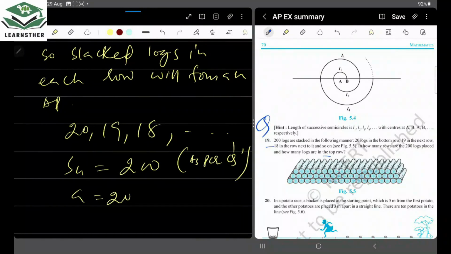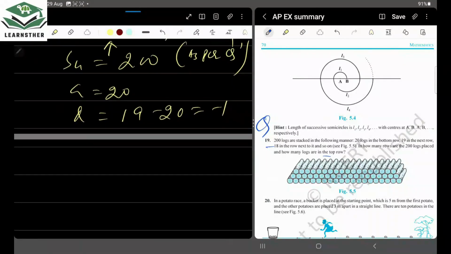So here a is 20, d is minus 1. Common difference is a term minus the previous term.